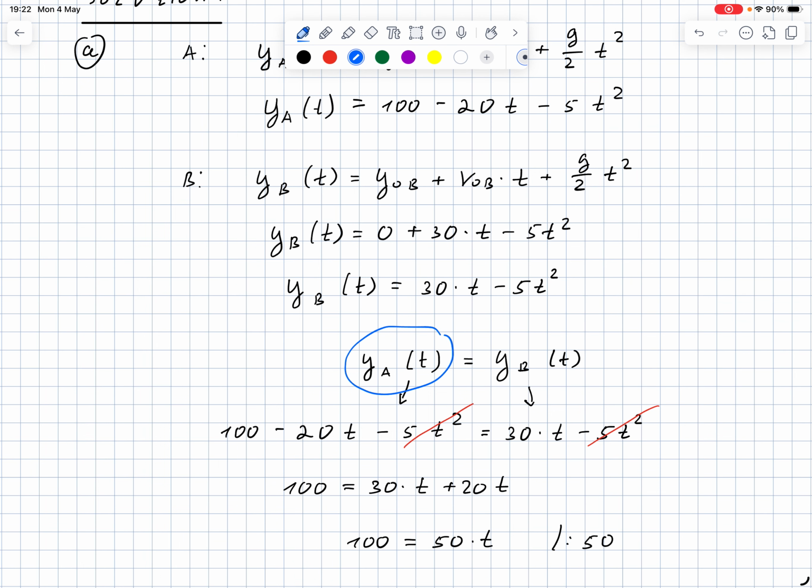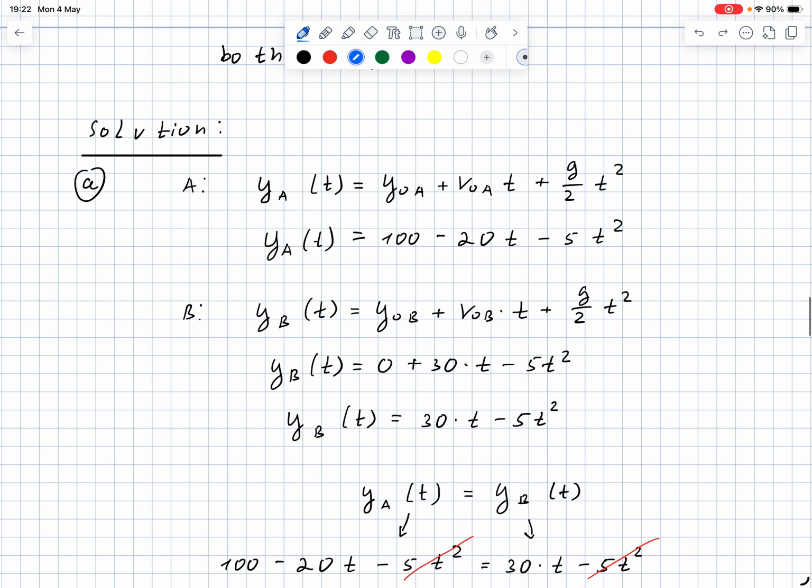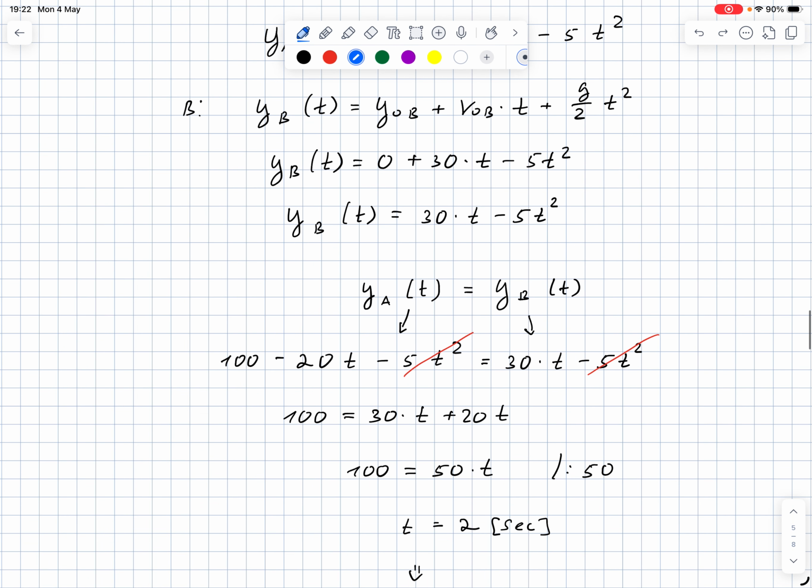Now, instead of y of A, we will substitute this expression that we got a few moments ago. You can see it here again. And of course, instead of y of B, we will substitute this expression. And now just some mathematical steps.